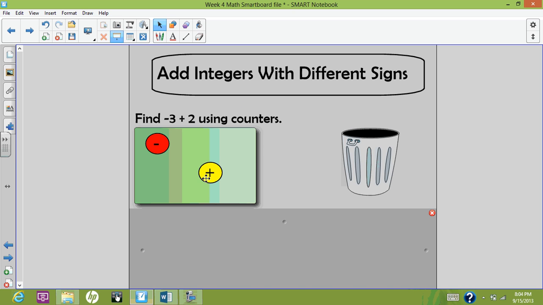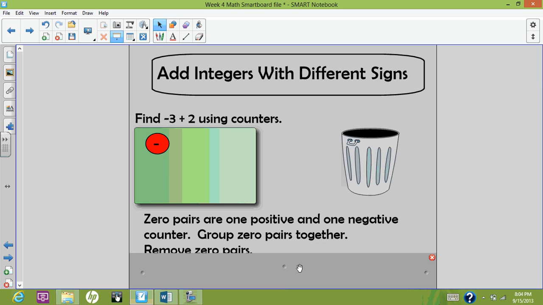And my other 0 pair, a negative and a positive, are going in the trash can as well. So what am I left with? I'm left with negative 1. 0 pairs are one positive and one negative counter. You group the 0 pairs together and then you remove them. You throw them away. And we're going to do a really fun activity with this tomorrow. So we end up with negative 3 plus 2 equals negative 1.